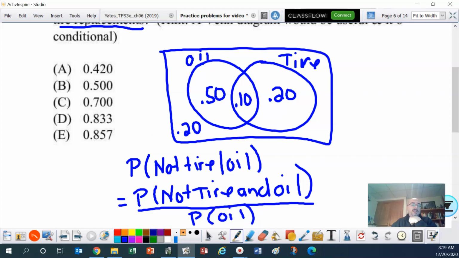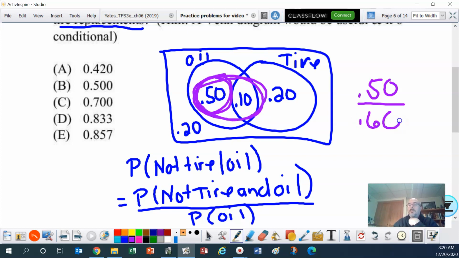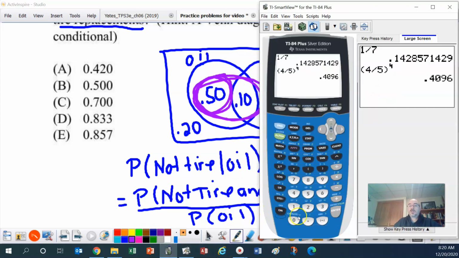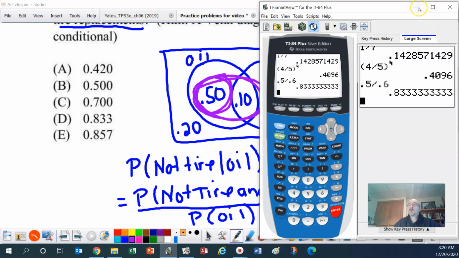All right, well, not tire and oil would be this. So that would be 0.50 divided by the probability of oil, which is 0.60. So we're going to take 0.5 and divide it by 0.6, and we're going to end up with 0.8333.